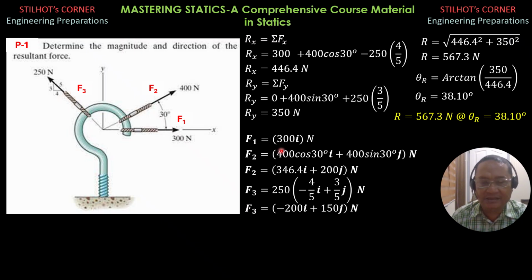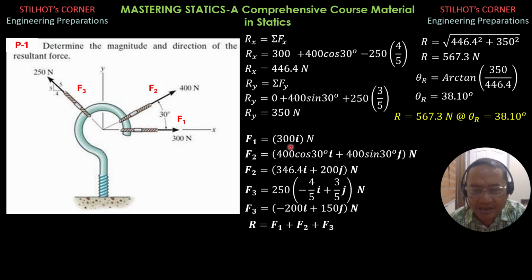Then the resultant is simply the vector sum of these three forces, F1 plus F2 plus F3. So to express R in vector form, we simply add corresponding components. So 300 i plus 346.4 i minus 200 i, then 200 plus 150, 350 j.